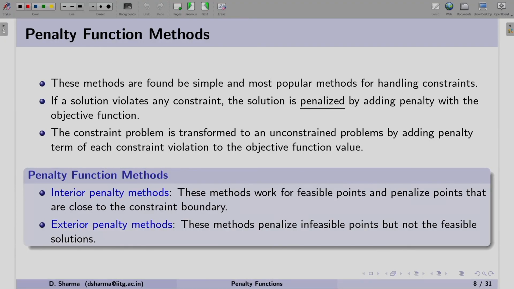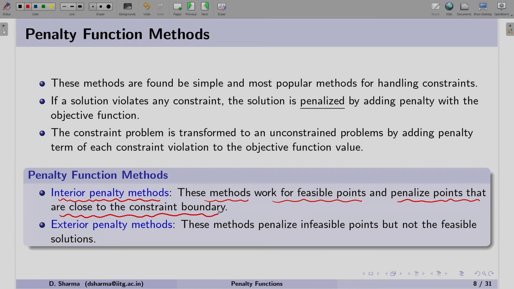So when we talk about the penalty function method, we have two types of penalty function methods here. First is called interior penalty methods. As we can see here, these methods work for feasible points and penalize points that are close to the constraint boundary.